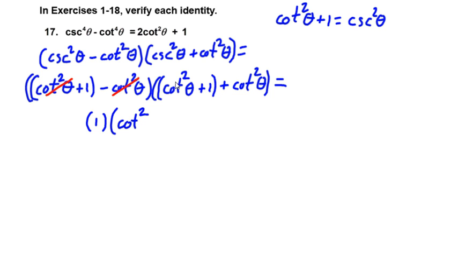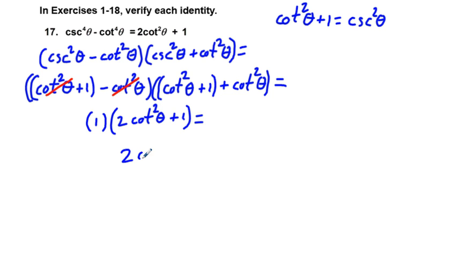I'll just rewrite that as 2 cotangent squared theta plus 1. And then we just multiply through by 1.